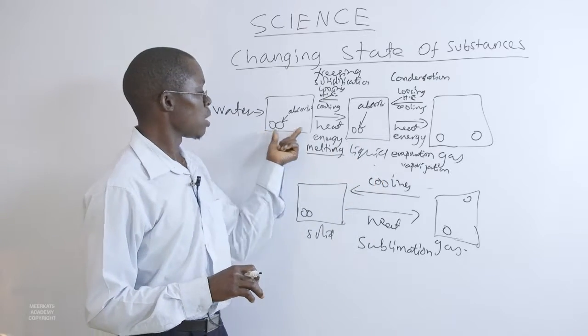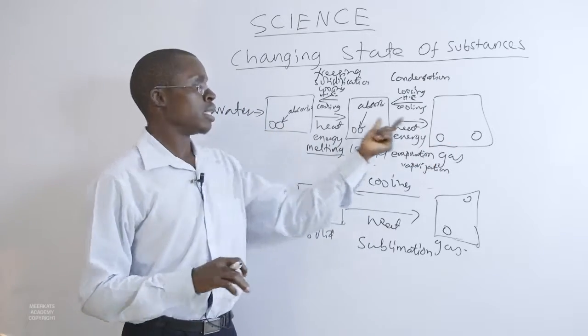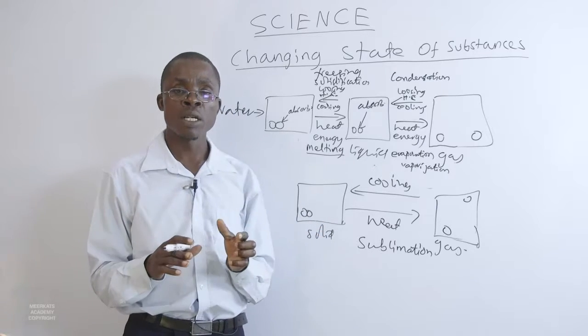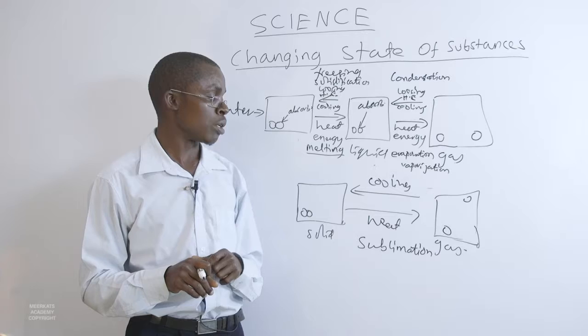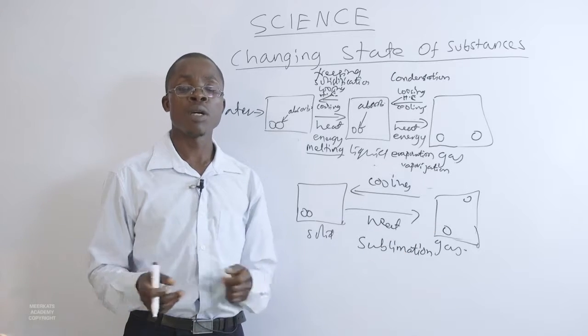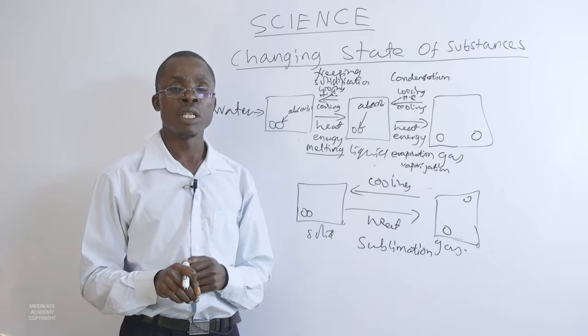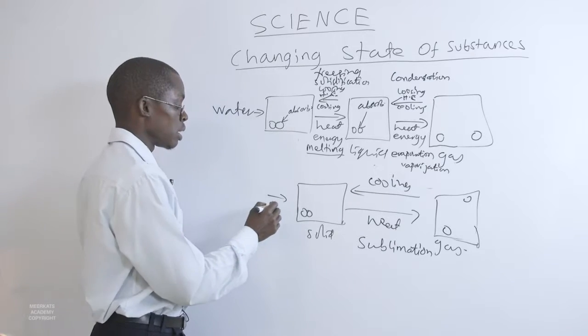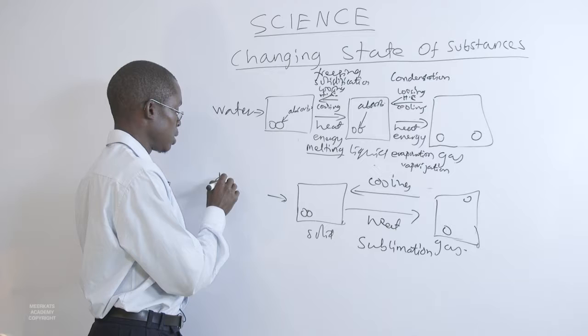In terms of particle energies, it is the same. In solid state, the particles are close by, they vibrate in fixed position, but in gas form, they are far away, they have broken loose from each other. A good example of such is dry ice.